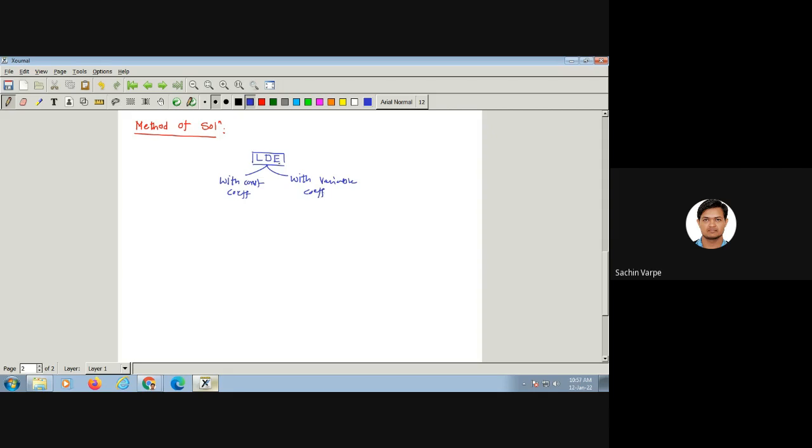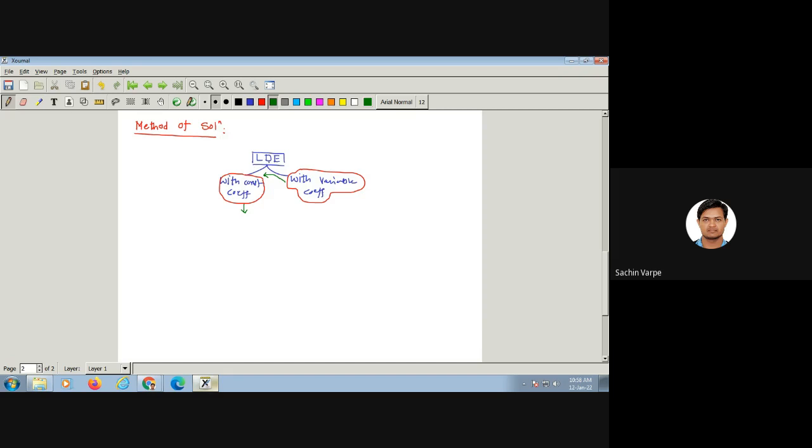The main theme is to solve the LDE with constant coefficient. Then what about LDE with variable coefficient? If the given equation is with variable coefficient, then with the help of suitable substitutions, we will reduce it into LDE with constant coefficient, and then we apply the methods of solution of LDE with constant coefficient. Clear to everyone?